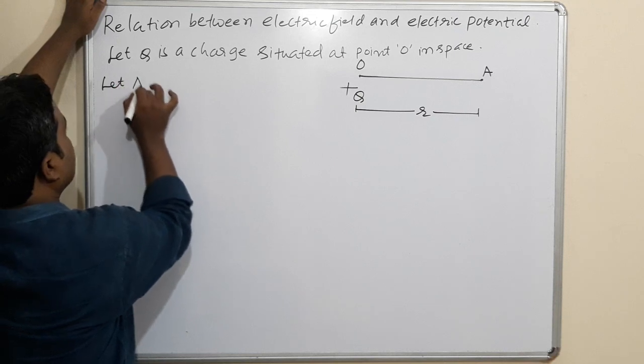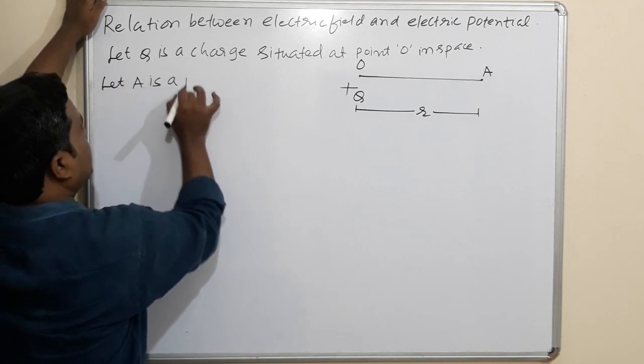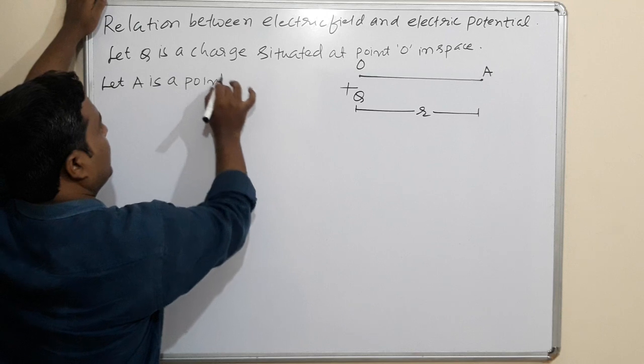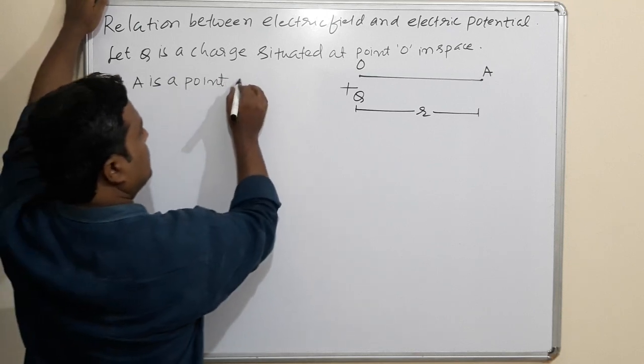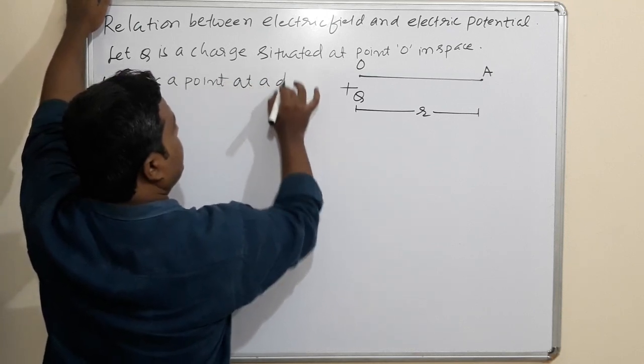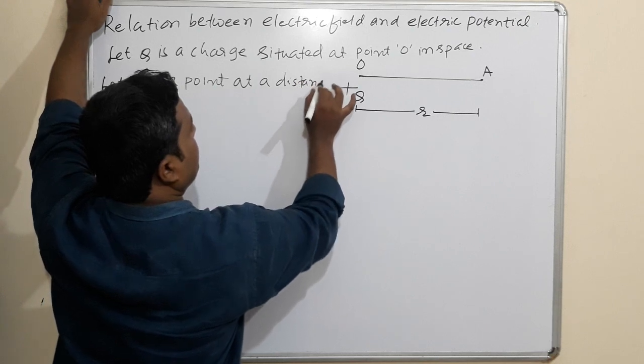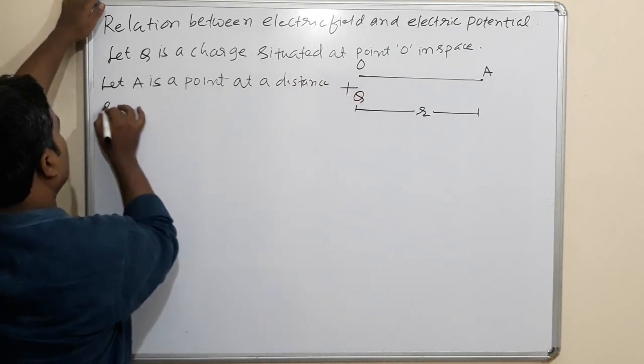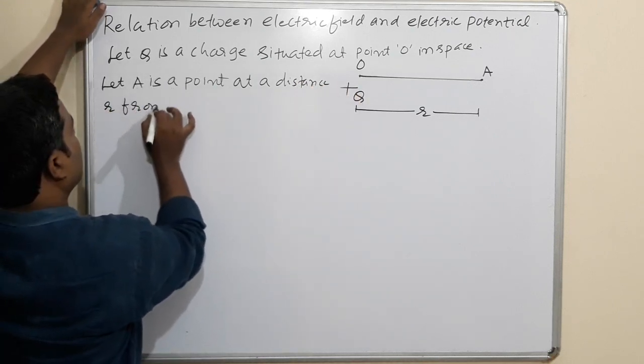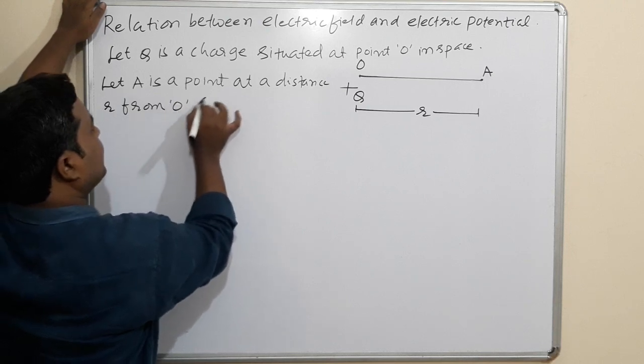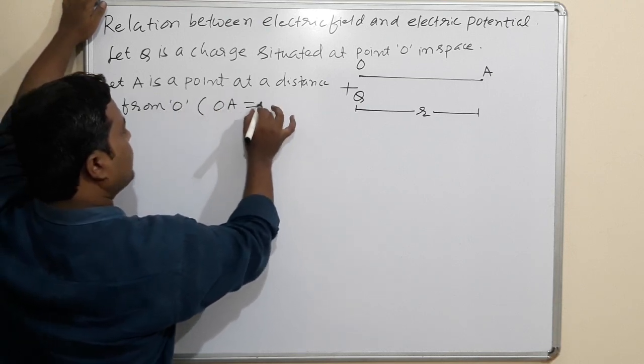Let A be a point at a distance r from O. That means OA we are taking as r.